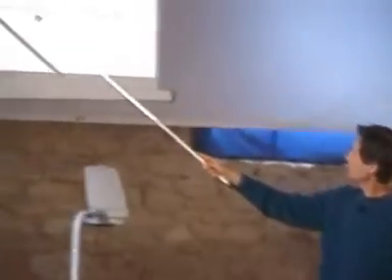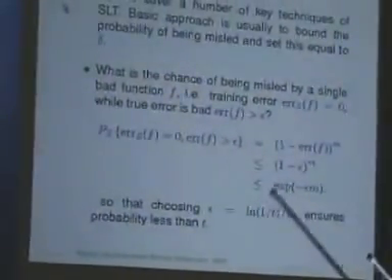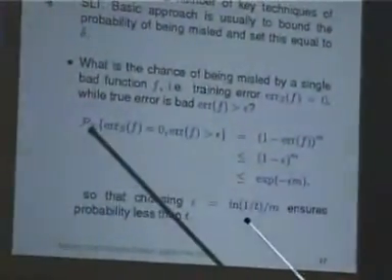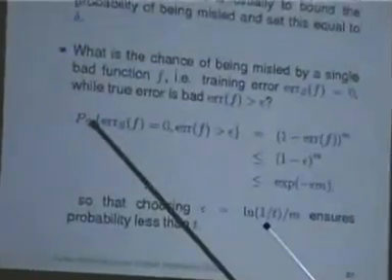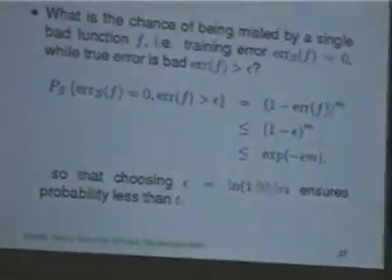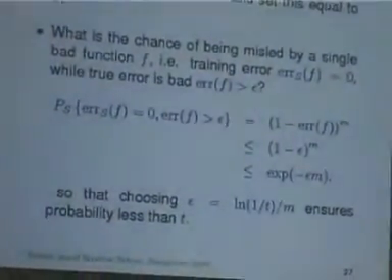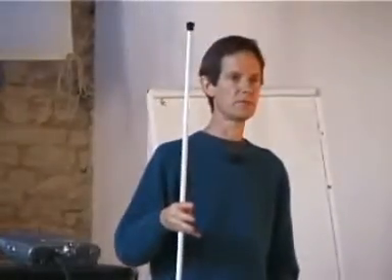Okay, so how would this look? It's the probability that the training error is 0 and the true error is greater than epsilon. Now we use the fact that the sample is generated independently at random according to the distribution. As we generate the first example, the chance that it looked good was 1 minus the error of f. The error of f is the chance of a randomly chosen example being misclassified by f, so in order for it to look good, it has to be correctly classified.